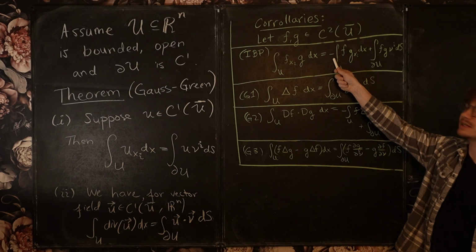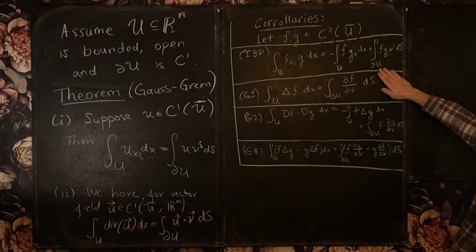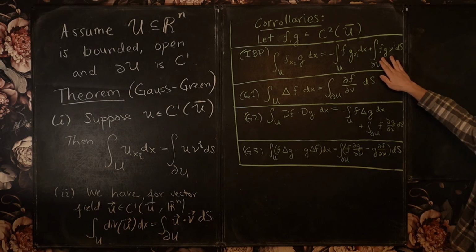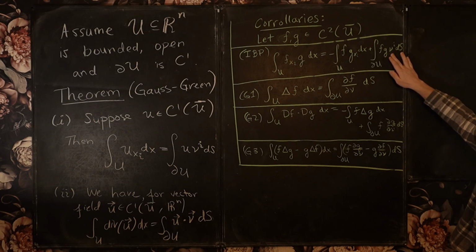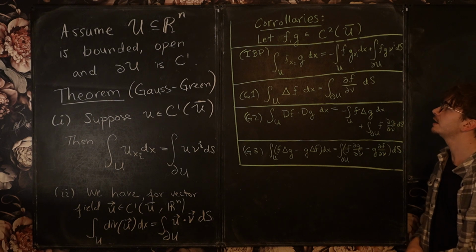It'll cost me a minus sign, and then I have to add a boundary term, which is the integral over the boundary of U of f times g multiplied by the ith component of the unit outward normal vector, and then integrated over this surface boundary of U, okay?